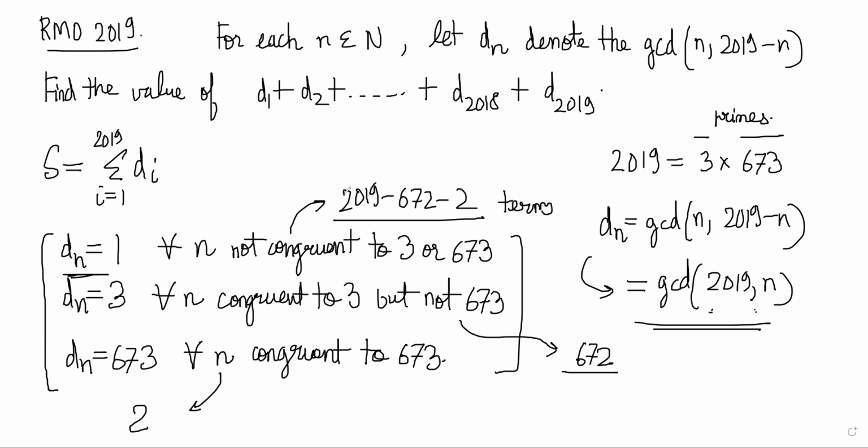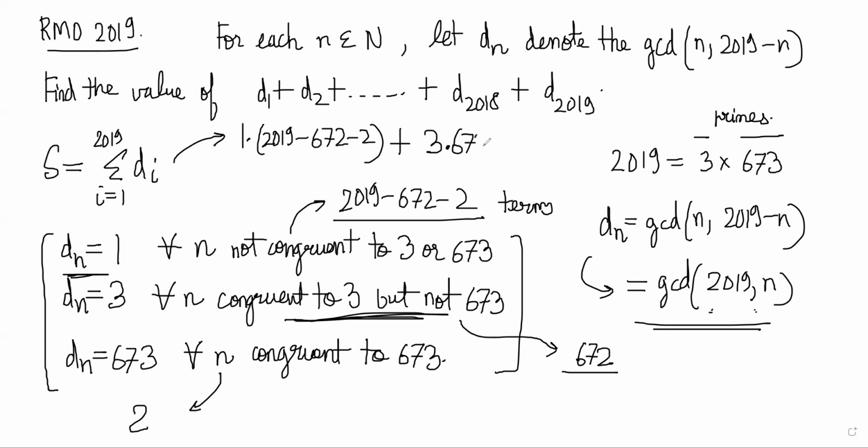So when you calculate the sum, all we have to do is add up each of these terms and how many times it occurs. So what we get is 1 into (2019 minus 672 minus 2), plus 3 into, how many times does this happen? It happens 672 times. And finally, plus 2 into 673. That is your Dn in this case, right?